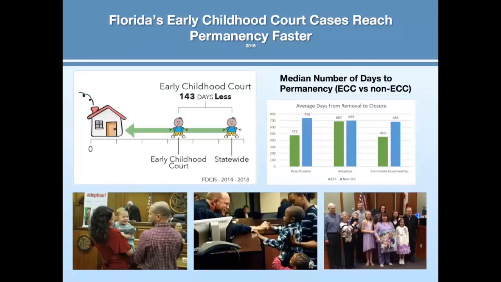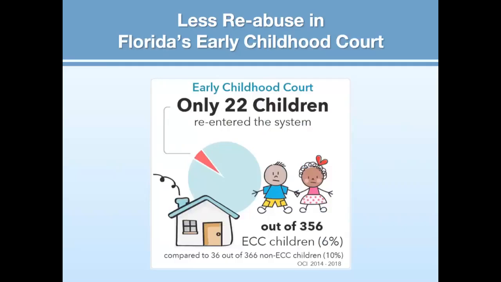You don't have to do very much math to realize how much money that saves just in out-of-home care and how less traumatized they're going to be by having a permanent family earlier. The chart on the right shows the different amount of days, and you can see in reunification, our families in early childhood court were reunified almost 8 months faster than the regular.